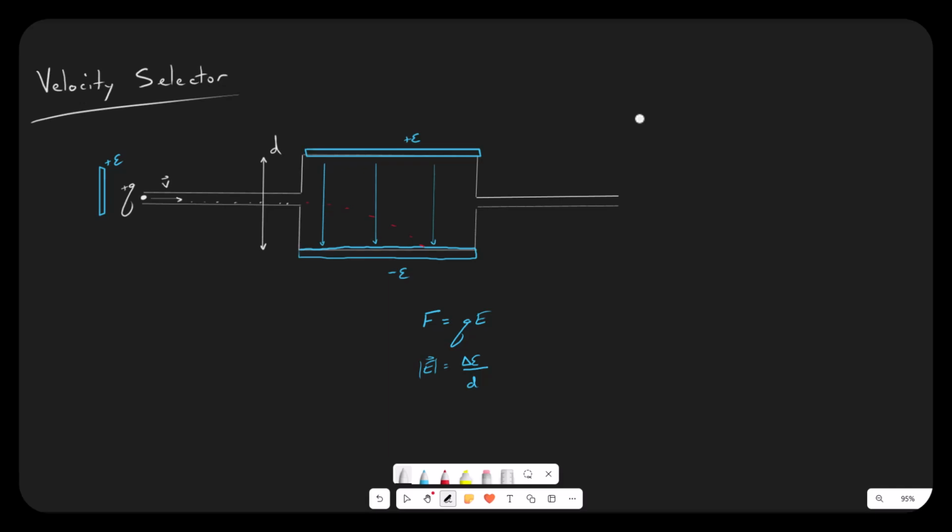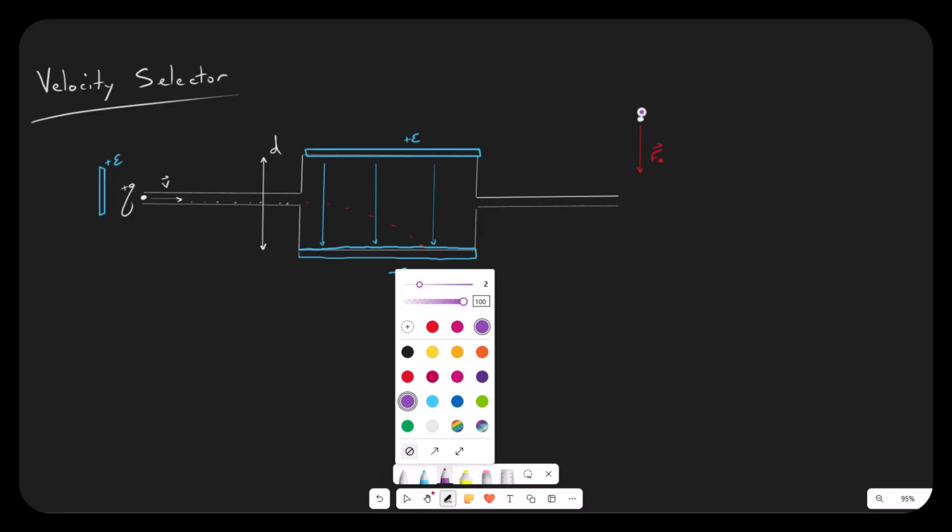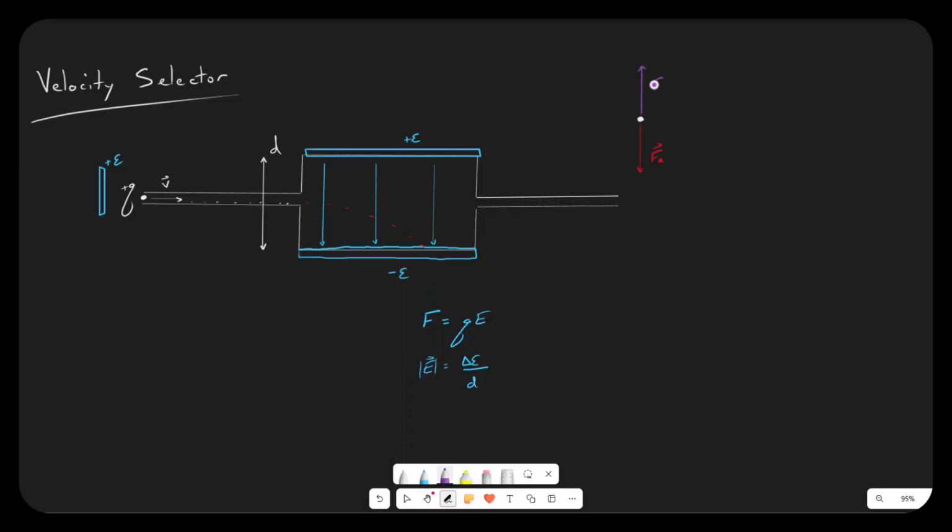So if I draw a quick free body diagram for my particle right now, I've got this electric force that points downward, making me run into the wall. We do have a different force that is speed dependent. If I can get this thing to also experience an upward magnetic force, then it's possible that I can fine-tune these so that these two cancel out.